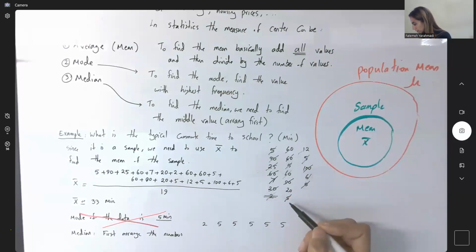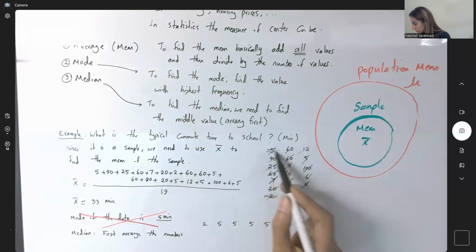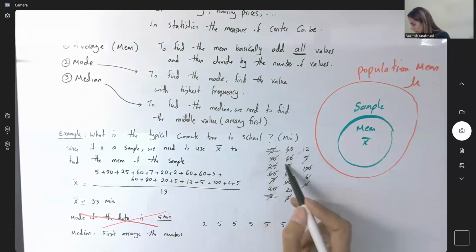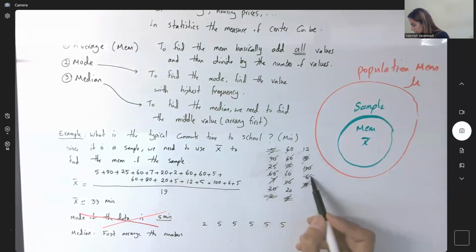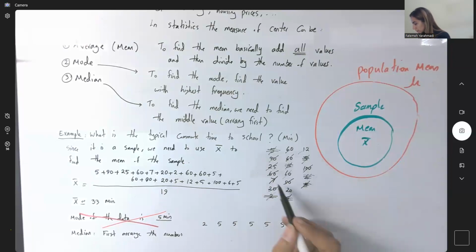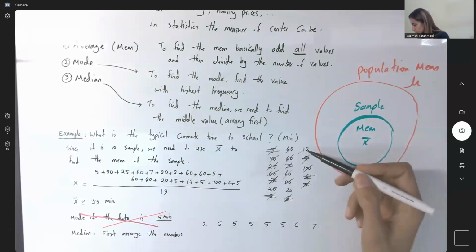And then you have a 6. Let's see. So I'm going to cross 5s as well. Here, another 5, another 5, another 5, another 5, and then you had a 6. Let me find out. I missed 6. Okay, 6. And then you had a 7, which was repeated. Here you have 1, 2, 3, 4, 5, 6, 7, 8. And then the next number, if I'm not mistaken, should be 12.